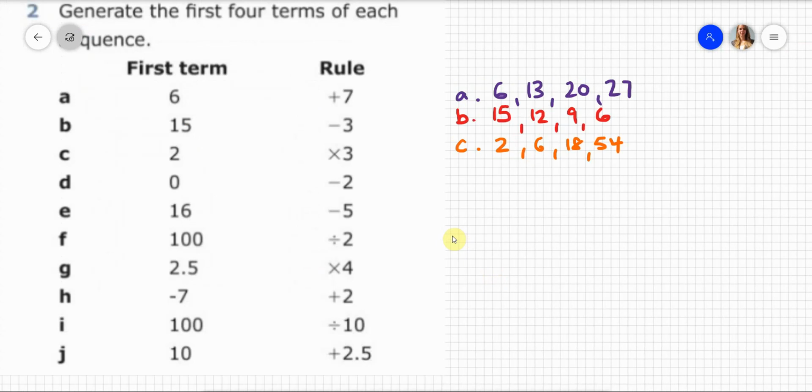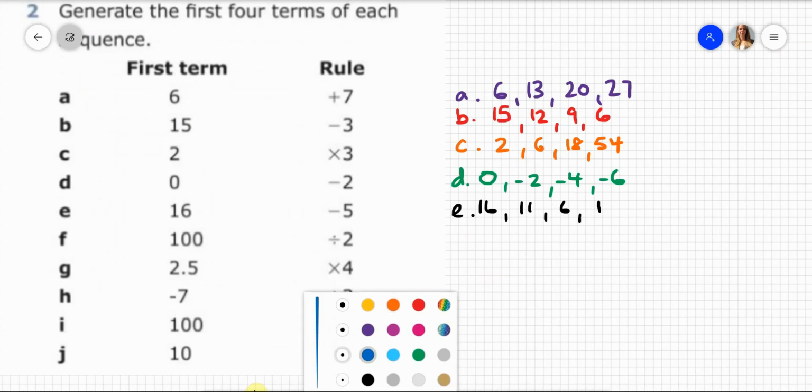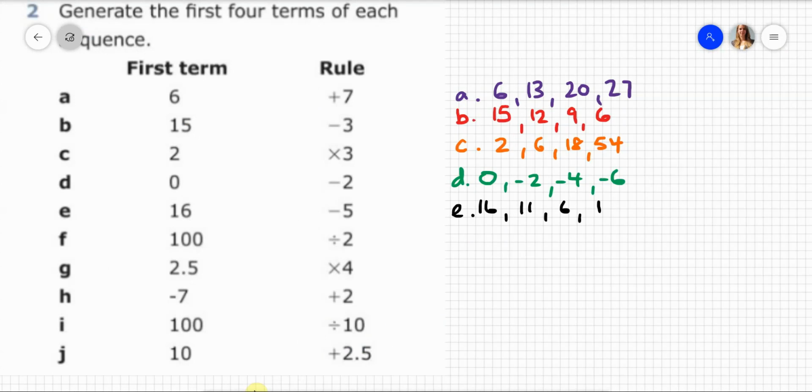So for part D, we've got 0 and we're subtracting 2. Part E, we're starting at 16 and subtracting 5. Part F, we're starting at 100 and dividing by 2.